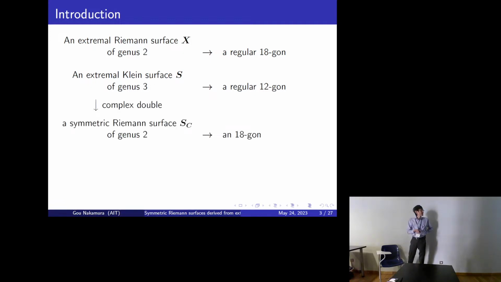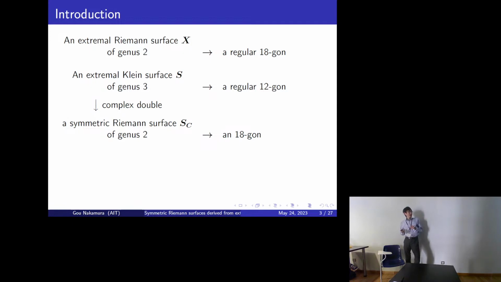Next, if we take a complex double of the extremal Klein surface, I use the term Klein in the sense that the surface is non-orientable, we can get a symmetric Riemann surface of genus 2. We denote it S sub 3.